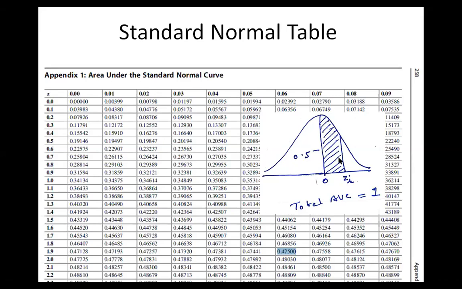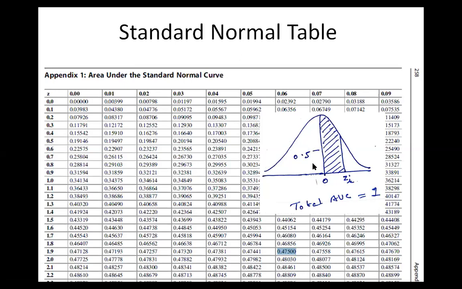And to read this table, we need to look at this graph. So if Zi is 1.96, the area under the curve, which is the shaded region, is 0.475. If we go on the other side of 0, up till minus 1.96, then an equal amount of area will be there.